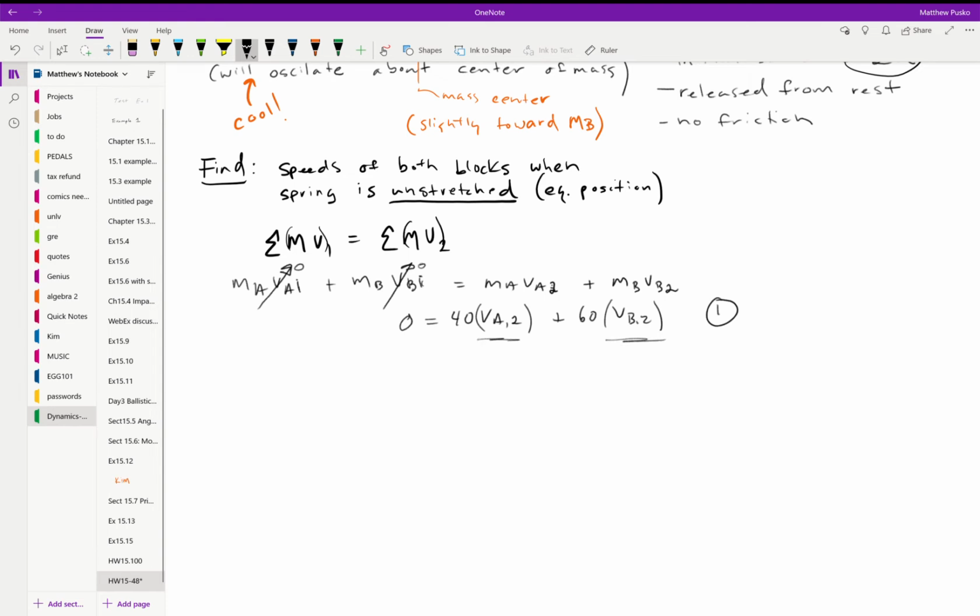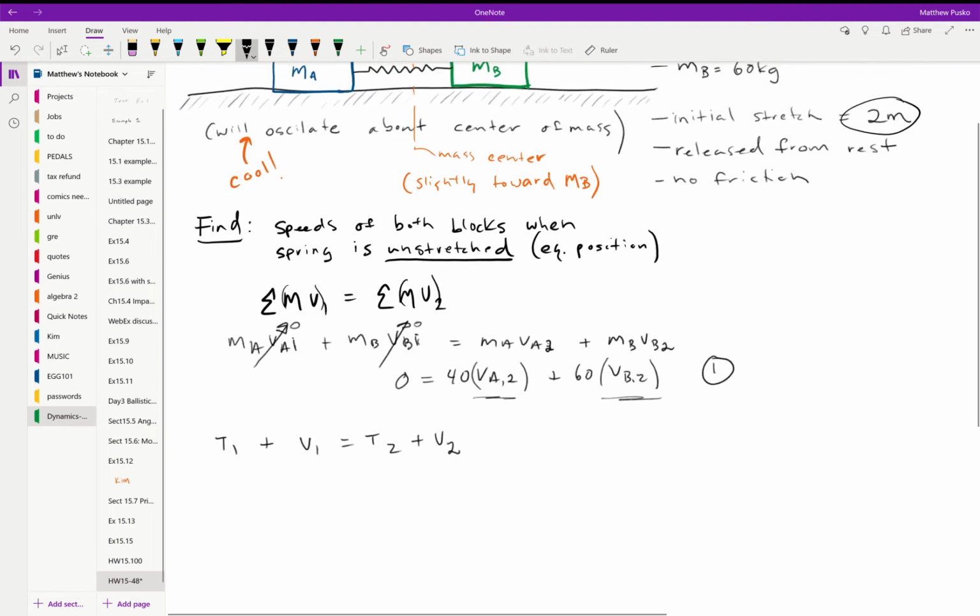Let's conserve energy. Let's say T1 plus V1 is equal to T2 plus V2. Does it have any kinetic energy to start with? Is it moving? Well, it's stated in the problem it was released from rest. So let's put a 0 through there.